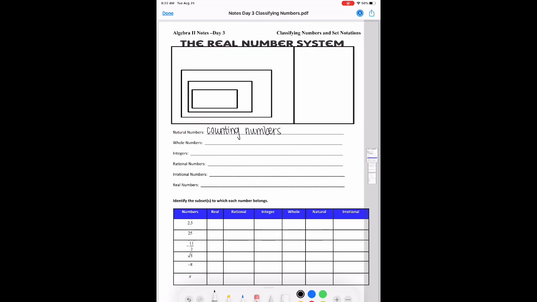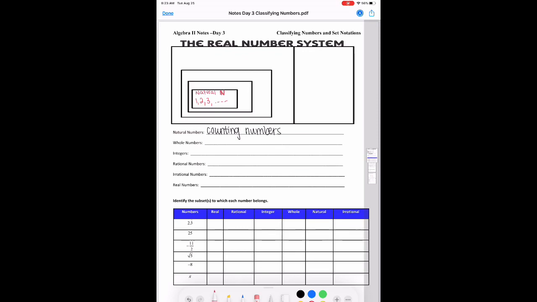Counting numbers, that's what we think of, and I'm going to write this in this box here. We're going to start with this little box, natural. We represent that with this capital N, and counting numbers would be those first numbers we learned how to count when we were itty bitty. 1, 2, 3, etc.